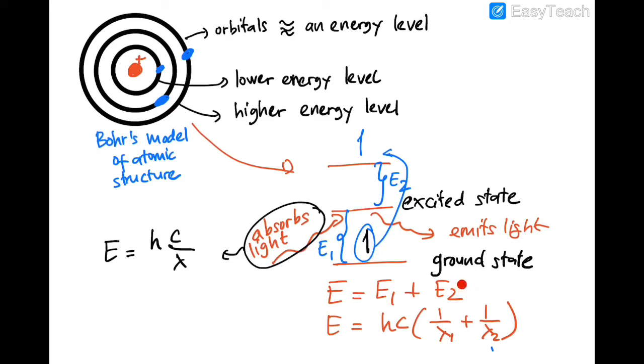So when the electron goes from the ground state to the excited state, from the inner part to the outer part, it needs to absorb light as the form of energy required, the energy of photons. And while it goes back from the excited state to the ground state, it will emit light.